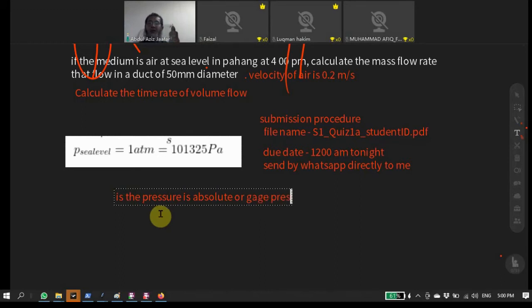Is it absolute or gauge? The next question that you have to ask is whether the pressure is absolute or gauge pressure. Absolute ke gauge ni? Gauge pressure.